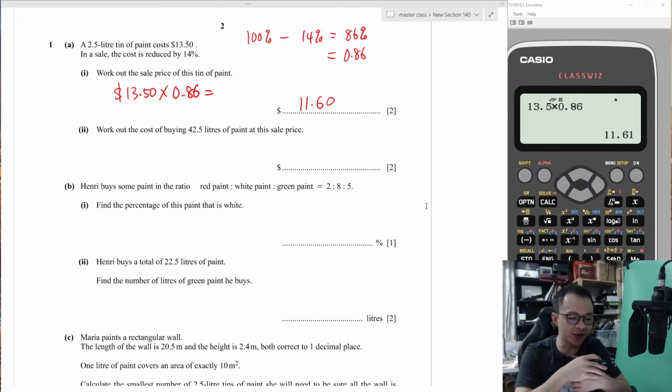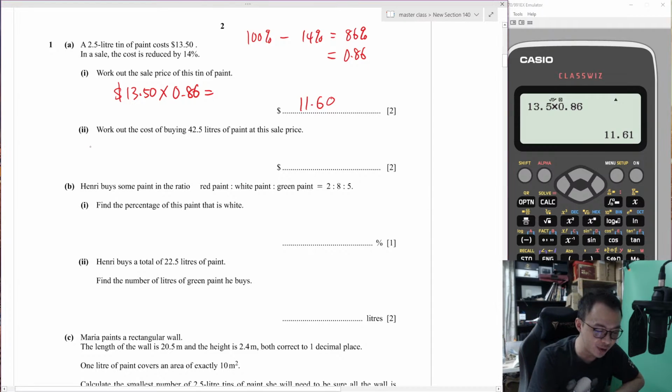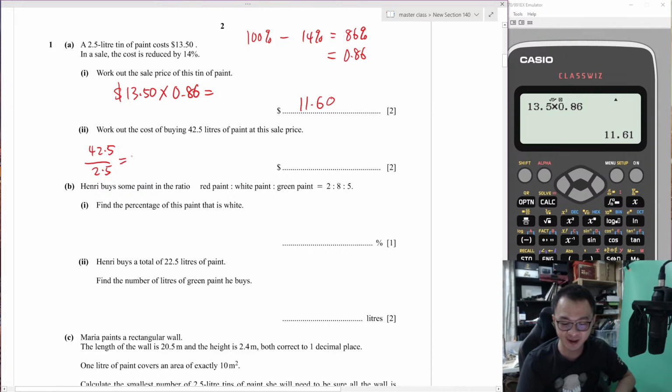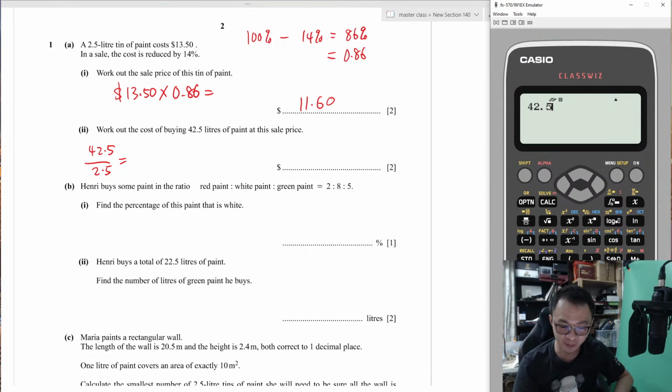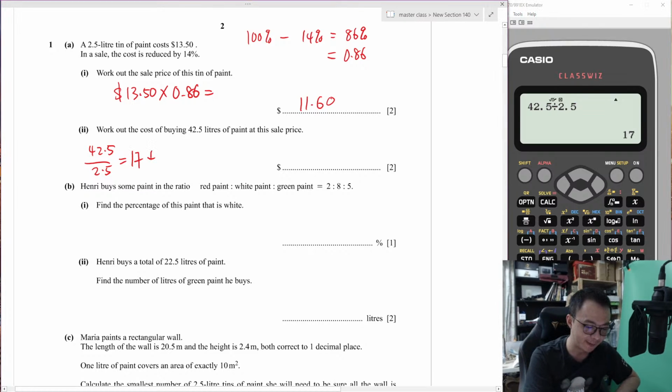Work out the cost of 42.5 liters of paint at this sale price. First thing is we need to know how many tins we need to buy here. We use 42.5 divided by 2.5, then we have about 17 tins.